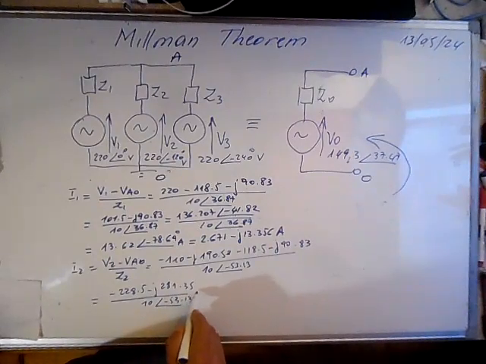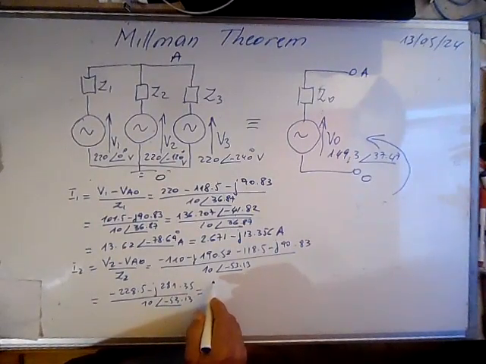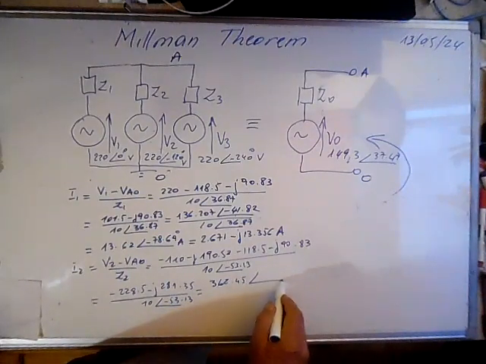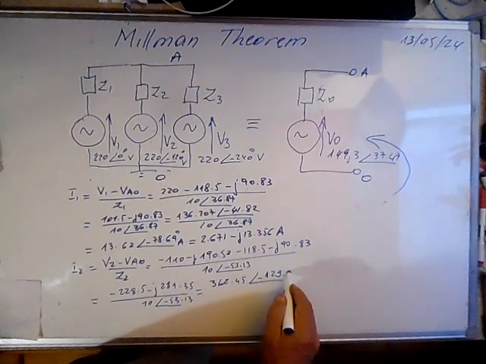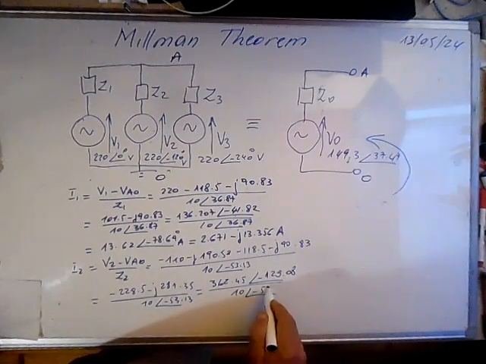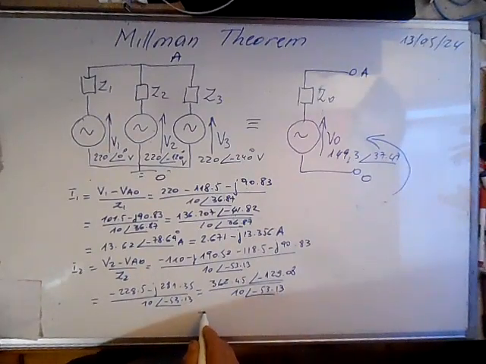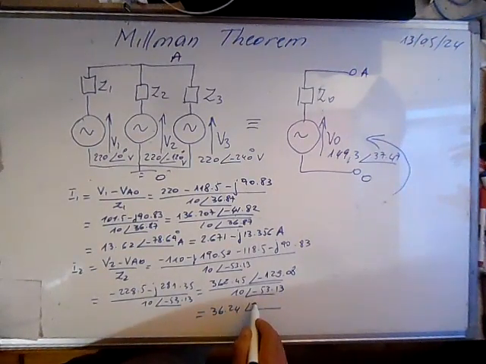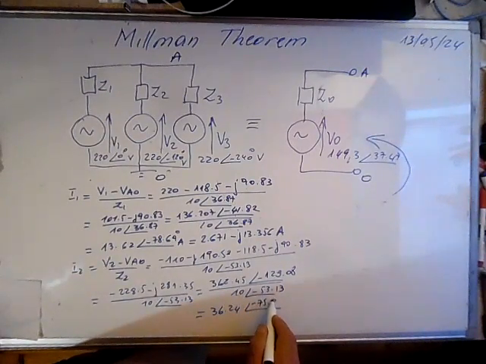In polar form, we have 362.45 at argument minus 129.08 over 10 at minus 53.13, giving a current of 36.24 at minus 75.95.